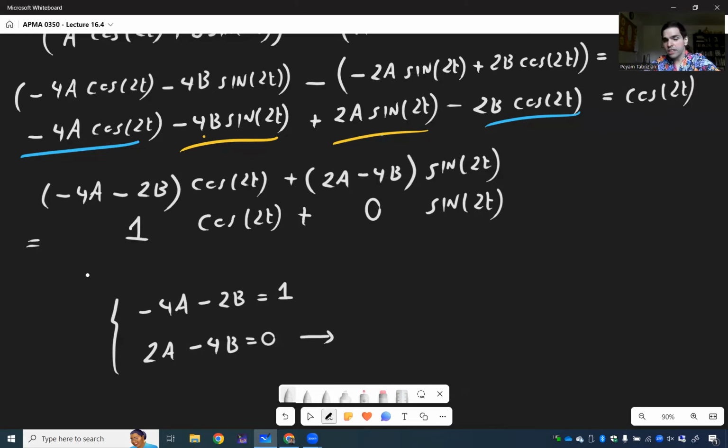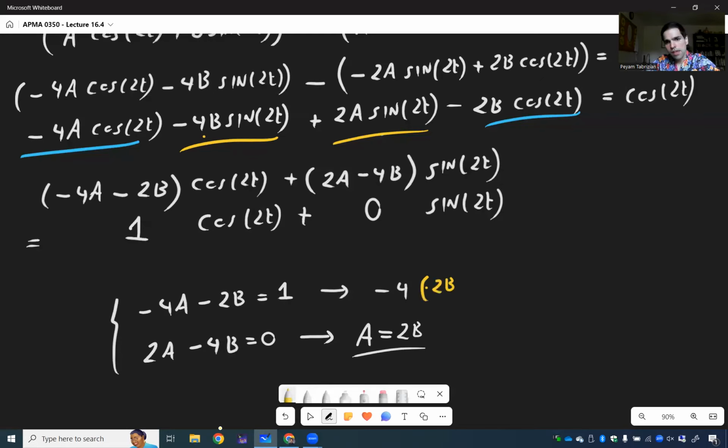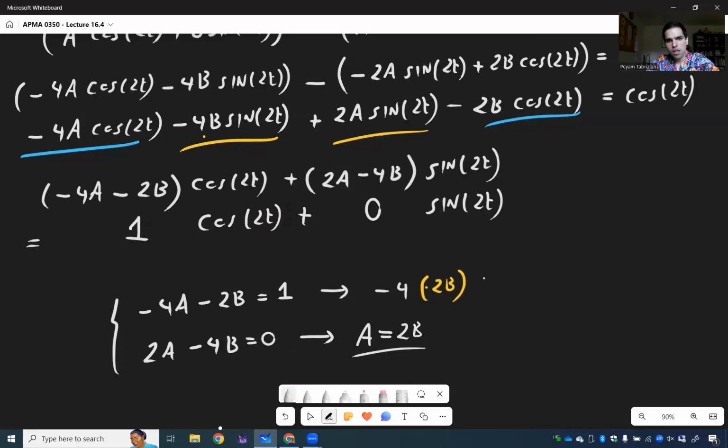If you look at the second equation, this tells you that a is 2 times b. If you plug that into the first equation, you get minus 4 times 2b, because a is 2b, and then minus 2b is 1.